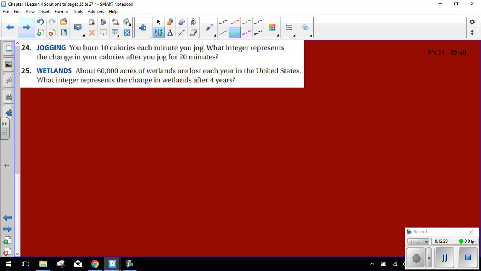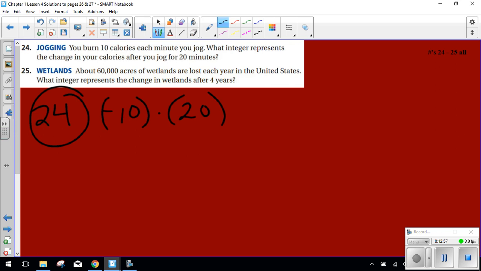Here we're looking at 24 and 25. So for 24, you burn 10 calories each minute you jog. What integer represents the change in your calories after you jog for 20 minutes? The word burn is a negative because you're losing. So I burn 10 calories, so -10 times, I'm going for 20 minutes.